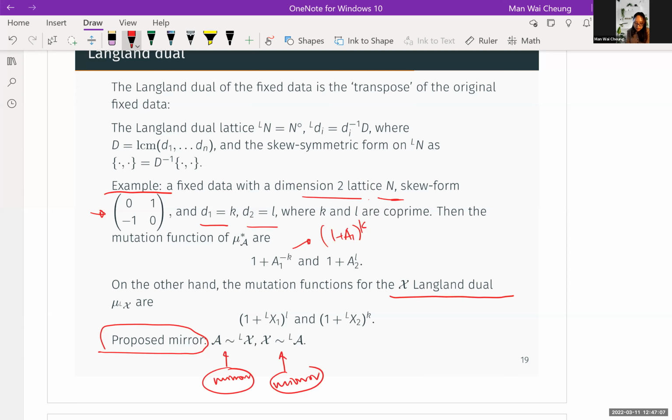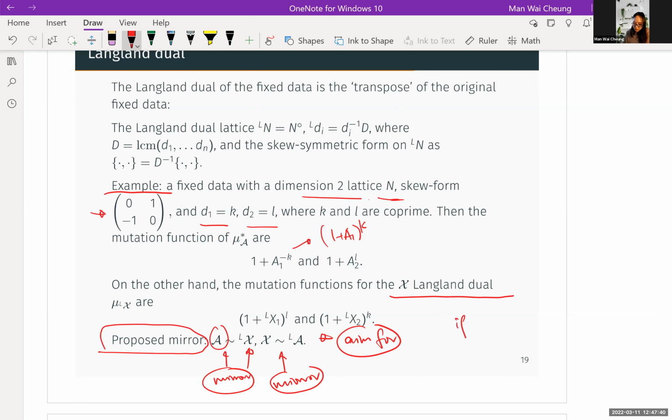It is proposed that the mirror of A will be the Lagrangian of the X variety, and the mirror of X will be the Lagrangian A variety. And this is what we aim for. So this equivalence, no, I'm sorry, that means mirror. It's a typo. Okay. And there is nothing explicit that you can say about the A and the X of the same cluster data.